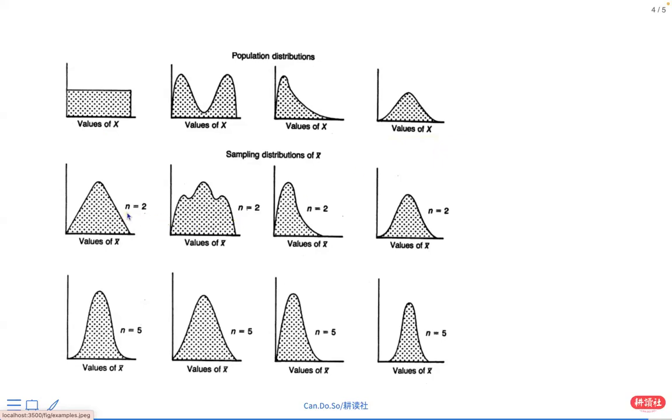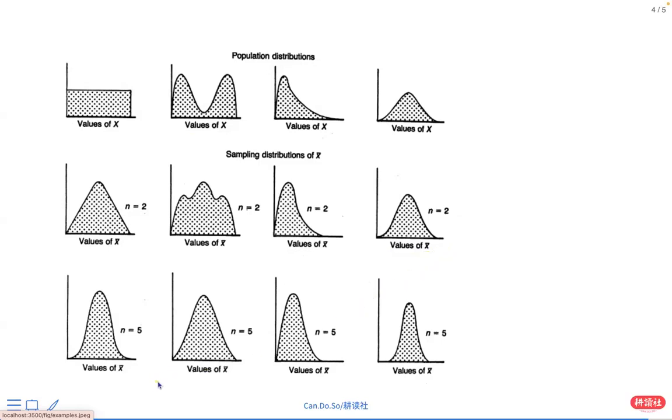If the sample size is 2, the uniform is not a perfect normal distribution, but close. The two-peak with a sample size of 2 is not, and chi-square with a sample size of 2 is not. But if it's a normal distribution, then a sample size of 2 will of course be a normal distribution.